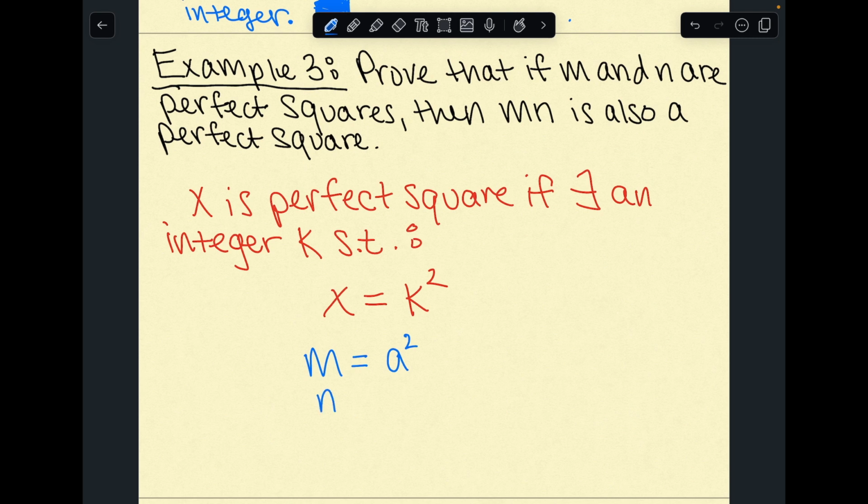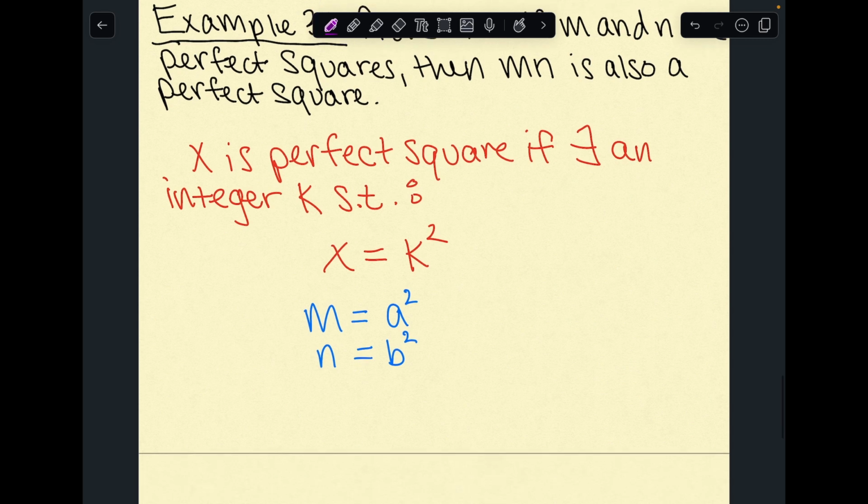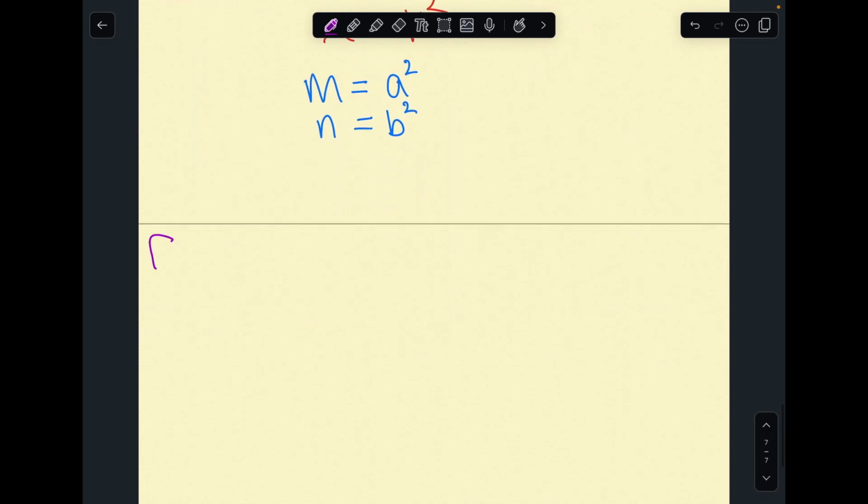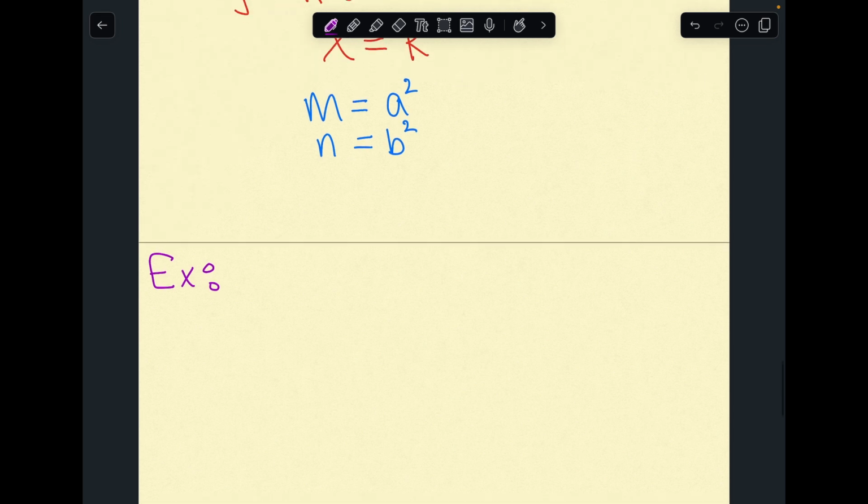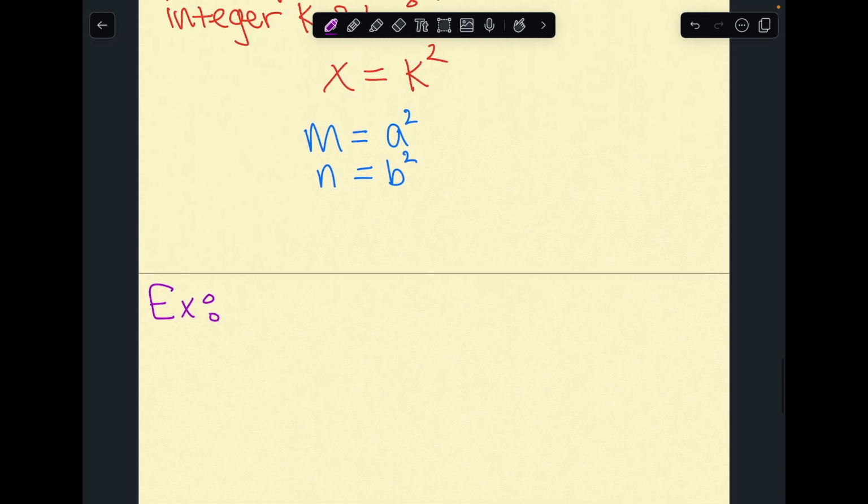If n is a perfect square, then we're going to rewrite that as an integer squared. So we'll use B for n. Now, similar to the last example, let's look at some literal numbers and see the pattern. We know that 4 is a perfect square, and it's written as 2 squared.